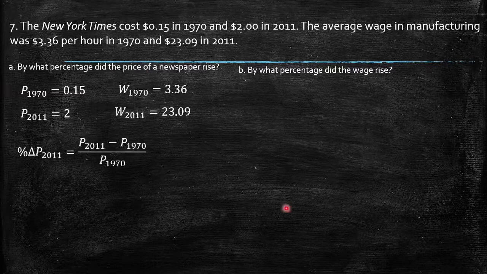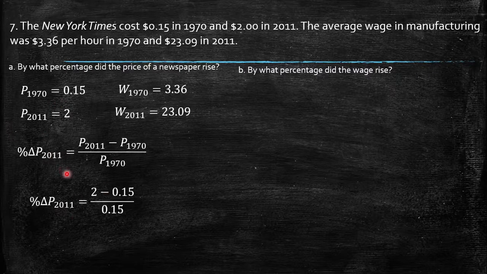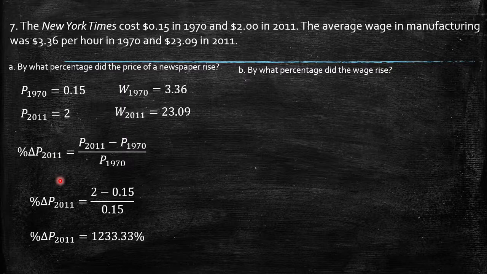You are familiar with that computation: any percentage variation is the final value minus the initial value over the initial value. The final value in this case is the price of 2011 minus the initial value, the price in 1970, over the price in 1970. You just replace the values, compute, and you end up with more than a 1000% change.